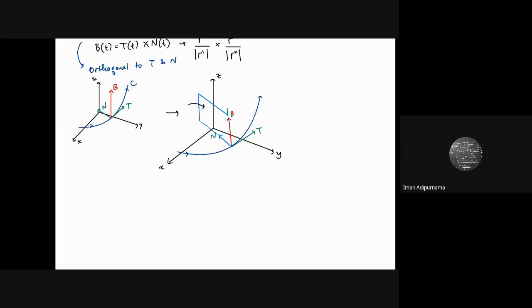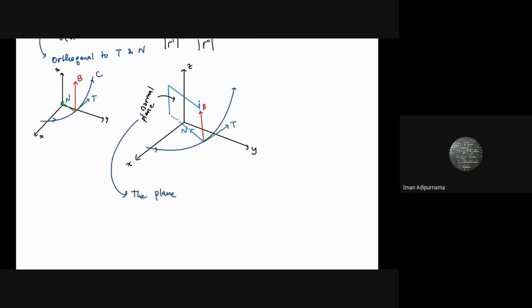So the normal plane is the plane determined by the normal and binormal vectors at some point, we call this point P, at point P on curve C.